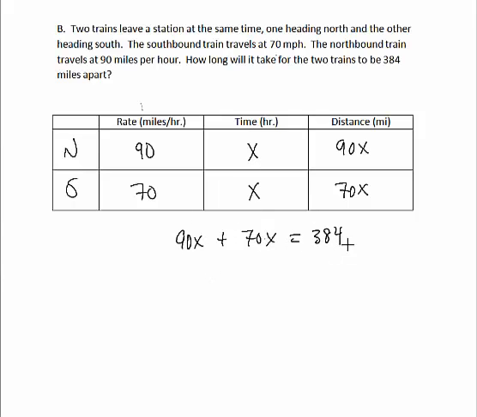Distance plus distance equals total distance apart. 70 plus 90, at this point you just go into equation solving mode, and so we'd say 160x, they're like terms, they both have an x, equals 384. To solve for x, we divide both sides by 160.